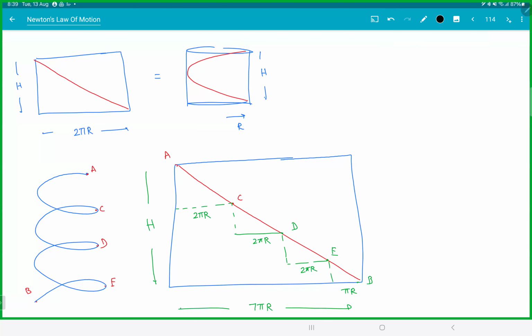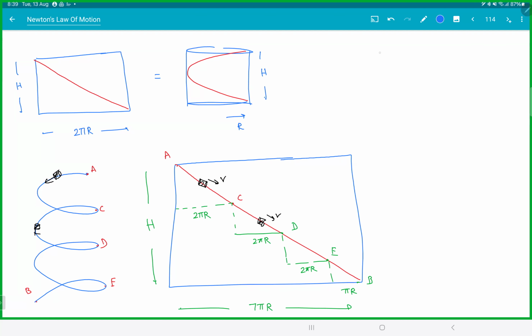Now, when this bead is sliding here, see how it looks. This bead here, which is sliding, isn't this how the bead looks like here? When it is sliding on the helix, it is as good as sliding on an incline. So when the bead is sliding here, it feels like the bead is sliding here.